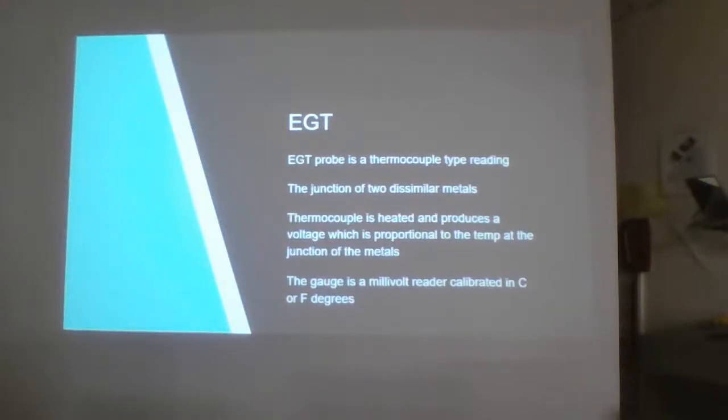The EGT is a junction of two dissimilar metals, right? Those metals being what? Go ahead and type in the chat. Okay, the two metals that are used in an EGT probe for that reading.